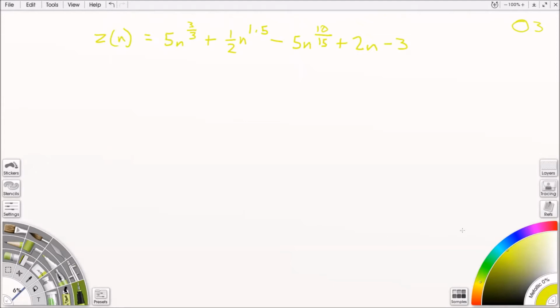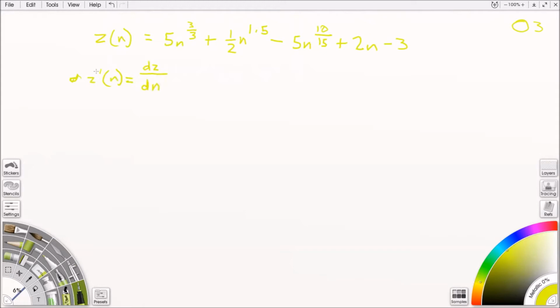So this is our question. In past videos, I've been writing the derivative as z dash n, for example. But in my experience, this is a bit more common: the derivative is also written like this, dz over dn.